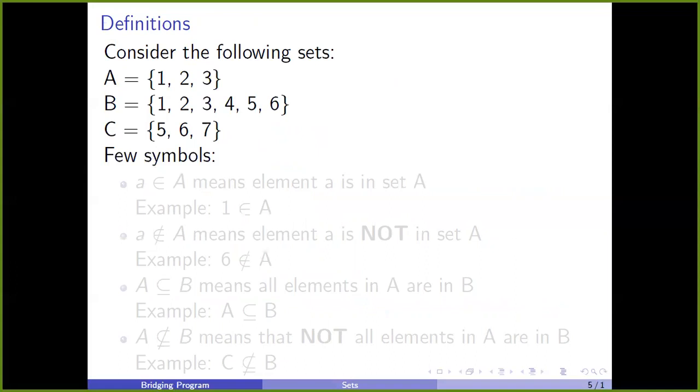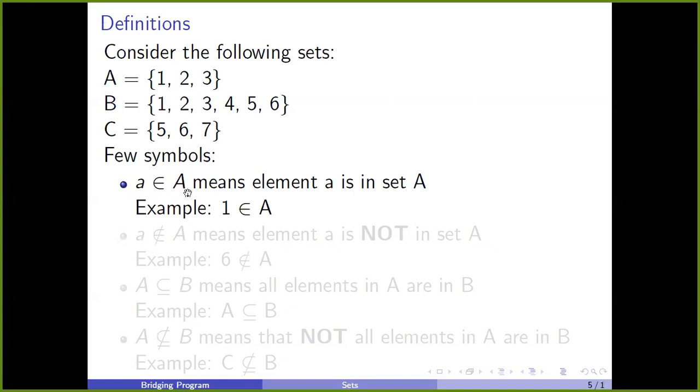Now, the first one is called "is element," right? So when we write A, this weird looking E letter, and then the set, that means this element A is in this set capital A. The way you read it is "in."